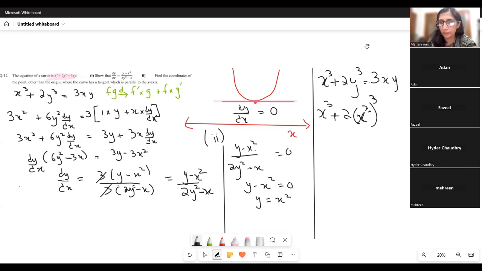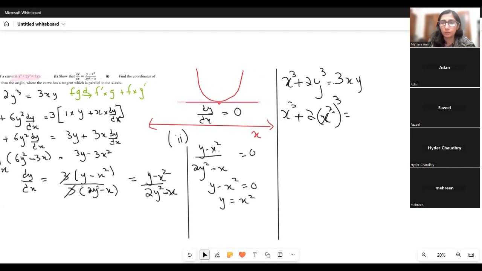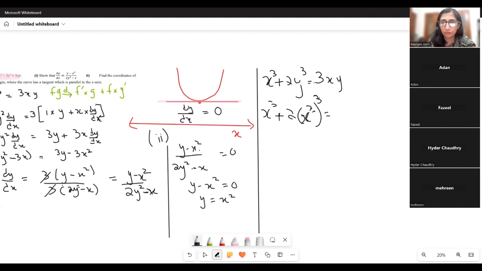The stylus stopped working. Equals 3 times xy, so 3 times x squared.